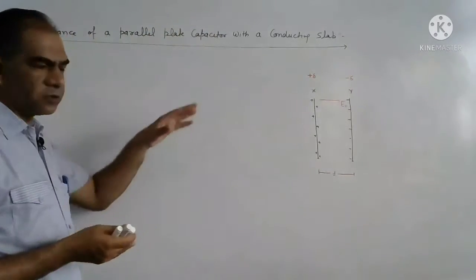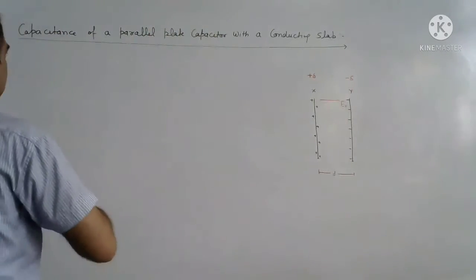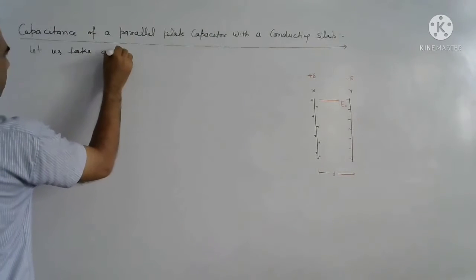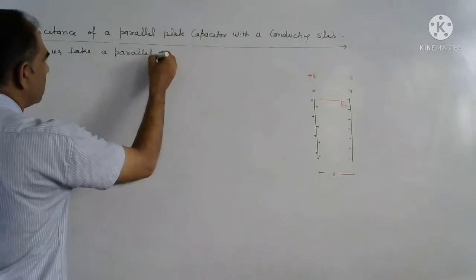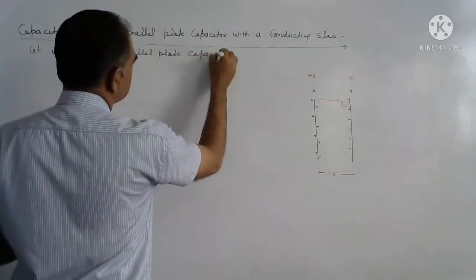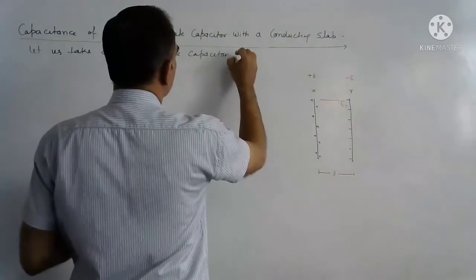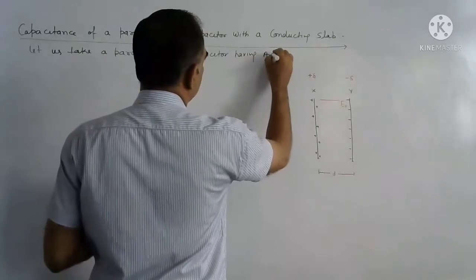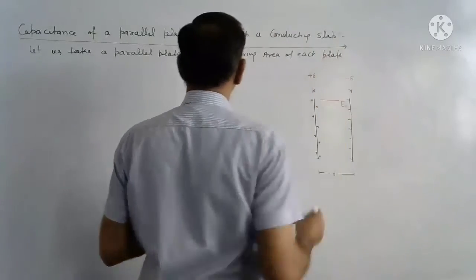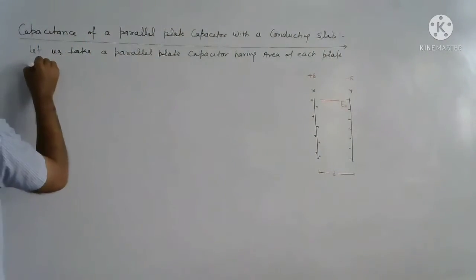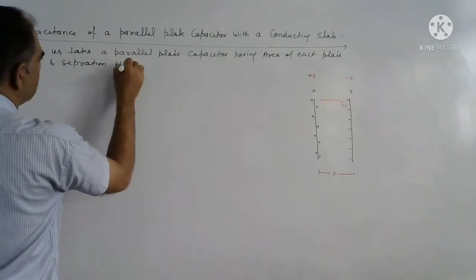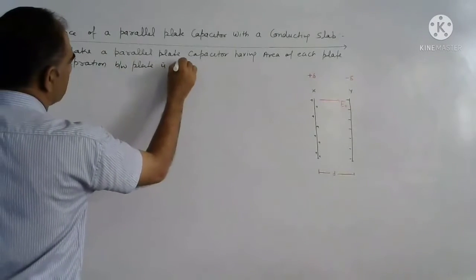Now, let us take a parallel plate capacitor having area of each plate capital A, and separation between the plates small d.